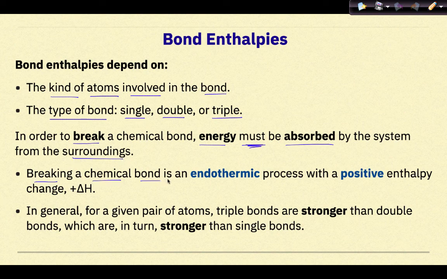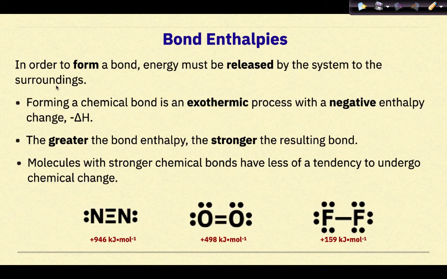Breaking a chemical bond is an endothermic process with a positive enthalpy change, positive delta H. In general, for a given pair of atoms, triple bonds are stronger than double bonds, which are in turn stronger than single bonds. In order to form a bond, energy must be released by the system to the surroundings. Forming a chemical bond is an exothermic process with a negative enthalpy change, negative delta H. The greater the bond enthalpy, the stronger the resulting bond.